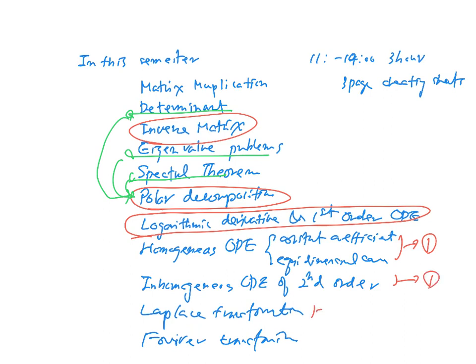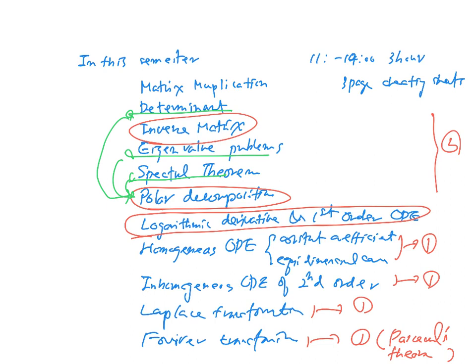Laplace transformation may be one problem, and Fourier transform one, most likely Parseval. And two problems: finding an inverse matrix, and one polar decomposition.